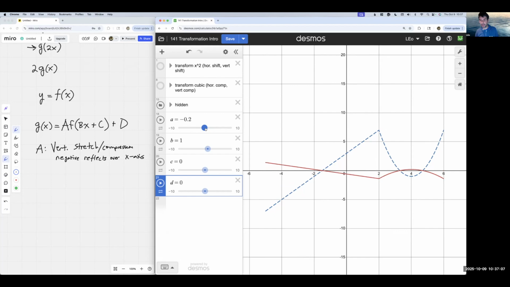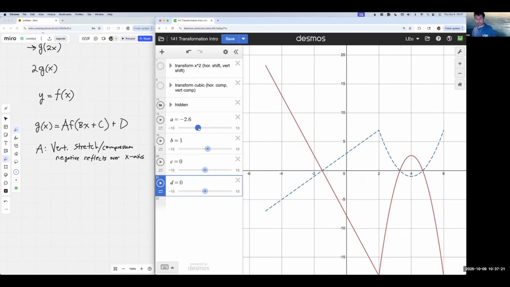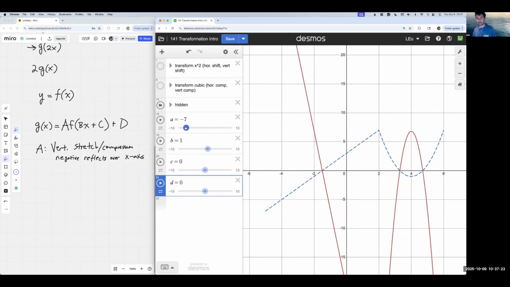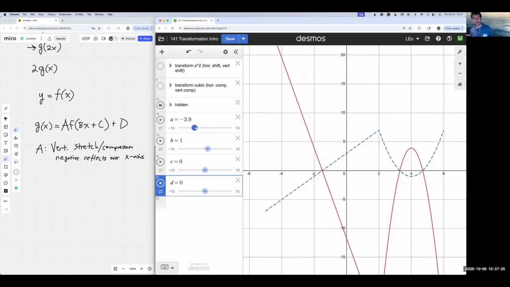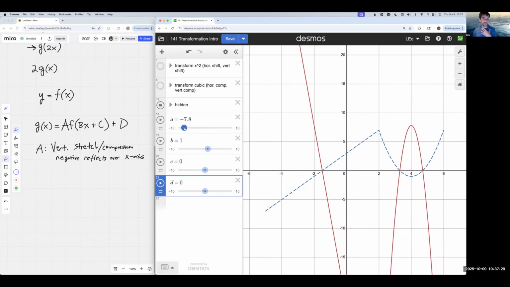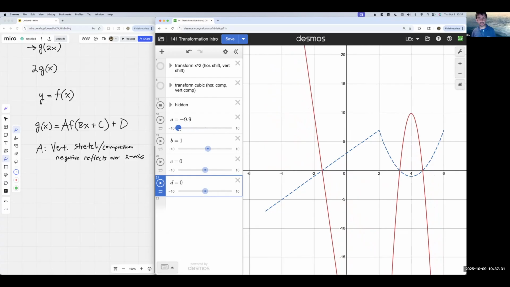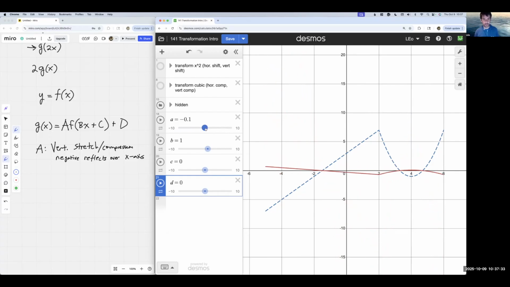But if we multiply by negative numbers, but they're between 0 and -1, so in magnitude, they're less than 1, we're compressing it, but we're also reflecting it over the x-axis. There's a -1. It's a perfect reflection over the x-axis. And now we get the reflection plus a stretch for numbers that are negative, but larger in magnitude than 1. Below there, so they're less than -1. All right, so that's what our A value does.